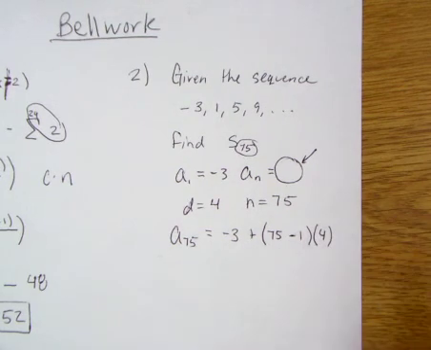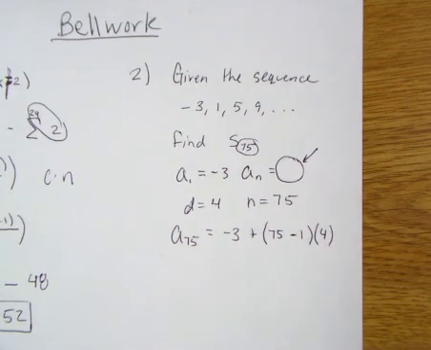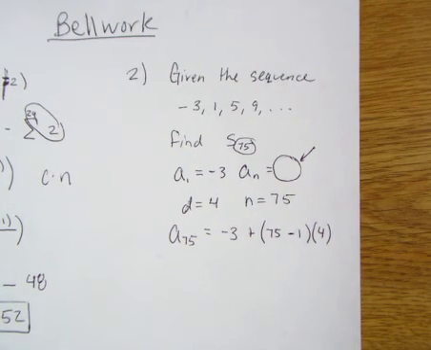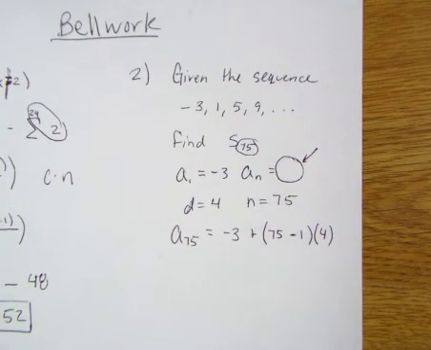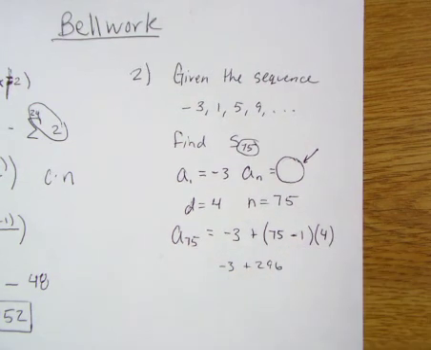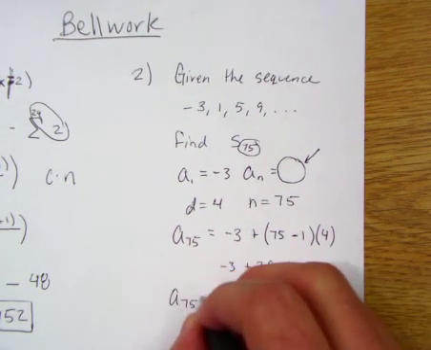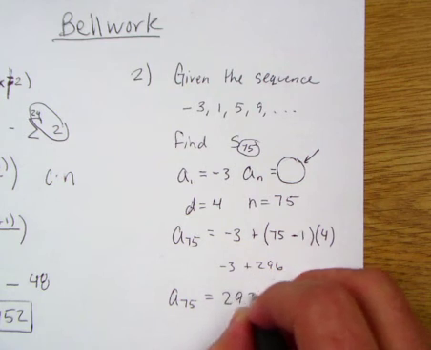And then I just do a little bit of math here. 75 minus 1 is 74. 74 times 4 is 296. So I have negative 3 plus 296. And then when I combine those, I get that the 75th term is 293.